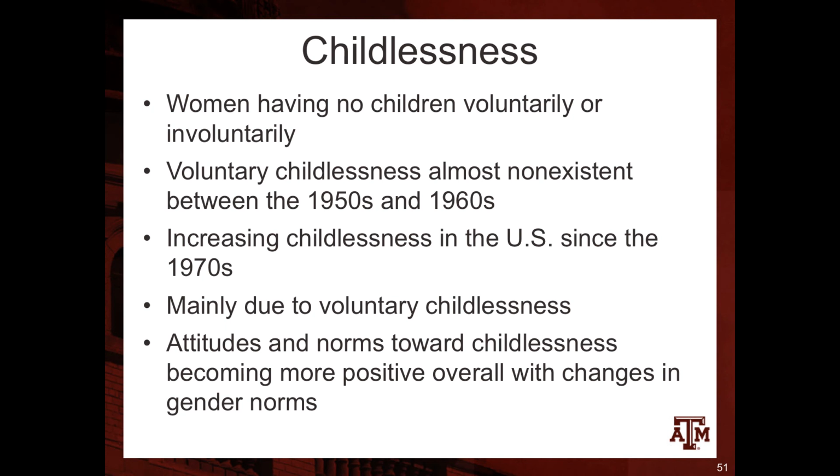This is mainly due to women who don't want to have children for voluntary reasons, not involuntary causes. And this is due to attitudes and norms toward childlessness becoming more positive overall, with changes in gender norms, and women investing more in their education and entering the labor market. That's all related to an increase in childlessness in the country.